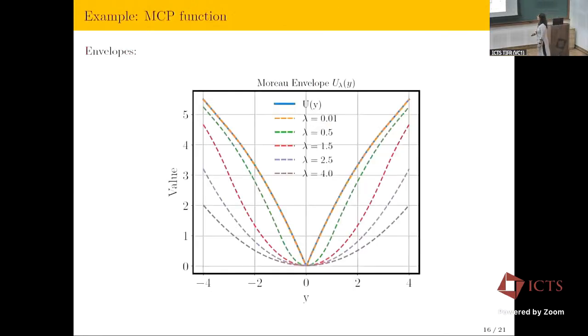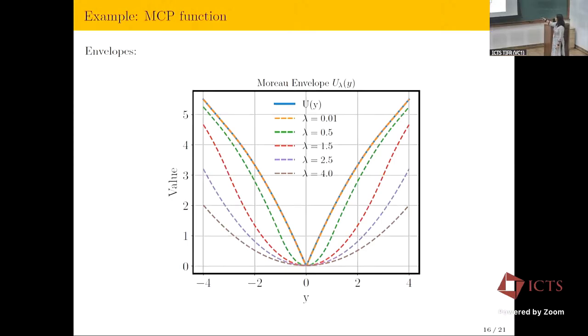Right? And we can see this. Some of these plots were made by our group yesterday. This is the MCP penalty function, which is the minimax convex penalty. So U is this function here, and you can see that it is unimodal, with one minimum, but it is not convex.